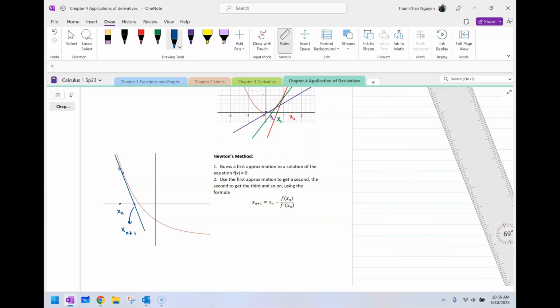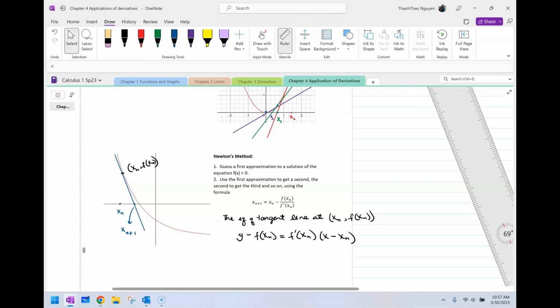Now the equation of the tangent line that passes through the point x sub n, f of x sub n, is given by y minus f of x sub n equals f prime of x sub n times x minus x sub n.